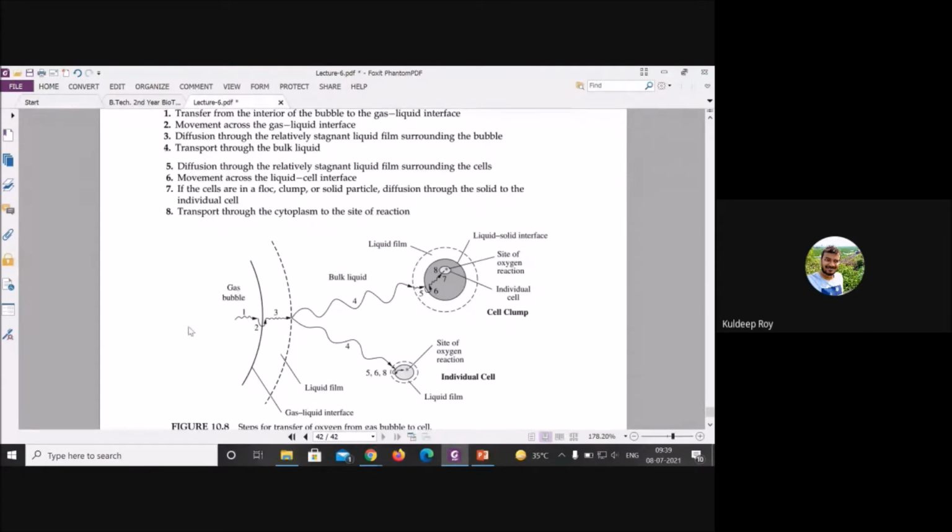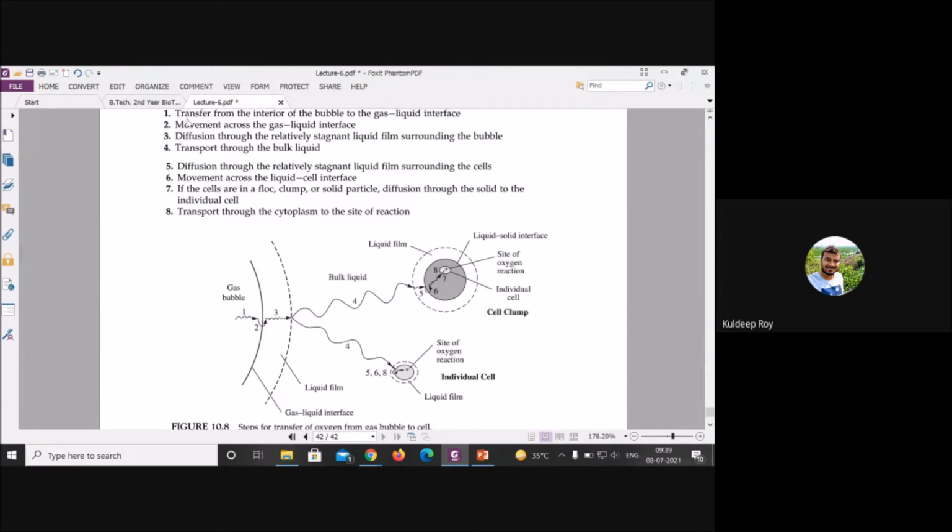You have transported oxygen by the bubbler. What will happen? It will transport from a higher concentration of oxygen to a lower concentration. How will it transport? Now you can see this is your bubble. It will cross the first barrier, which we call the gas liquid interface.